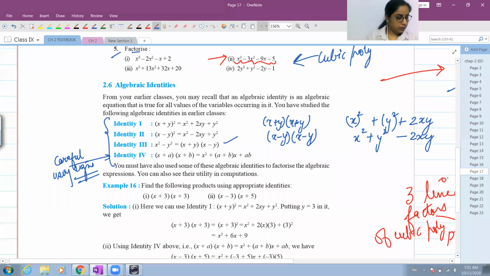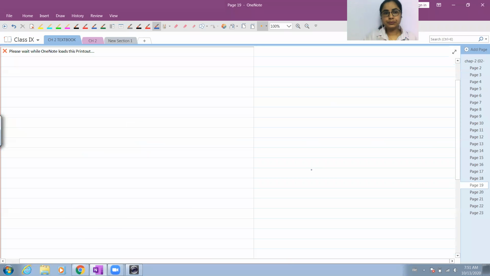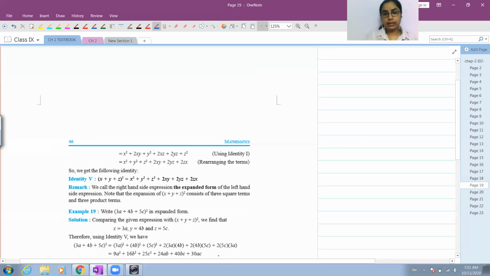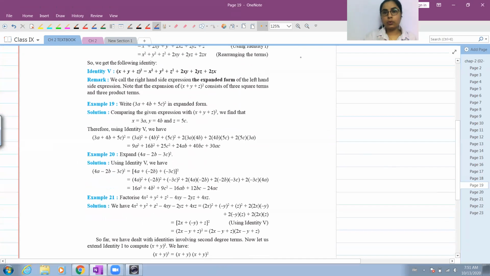Afterwards, I think we have identities on page number 46. As you can see, the same identity we just did, the identity for the square of a binomial, has been extended to the square of a trinomial.